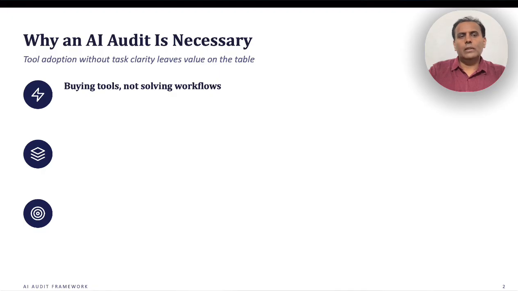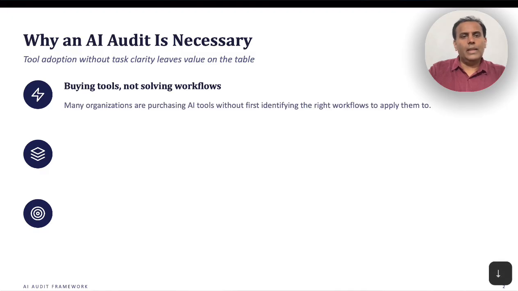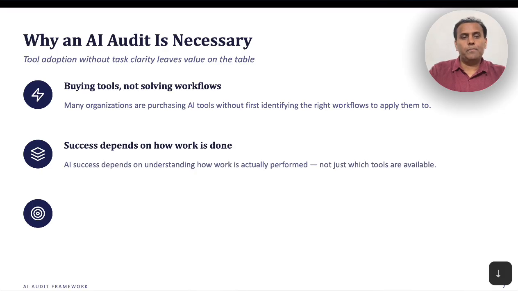Buying tools is not going to solve your workflows. Many organizations purchase AI tools without first identifying the right workflow to apply them to. Whether it's HR, sales, marketing, or operations, you need to find out what kind of tool you require and what kind of workflow exists.